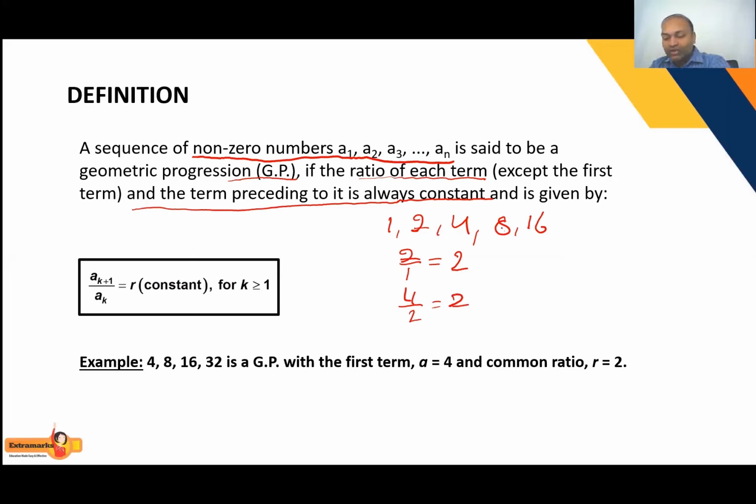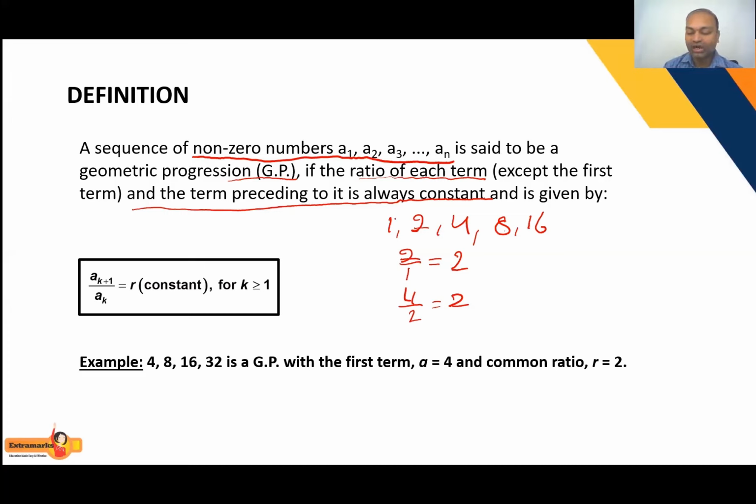This means the ratios are the same. If the ratios are the same, then we can say the given sequence is in GP, and this ratio is called the common ratio of the GP. It is generally denoted with the small letter r.